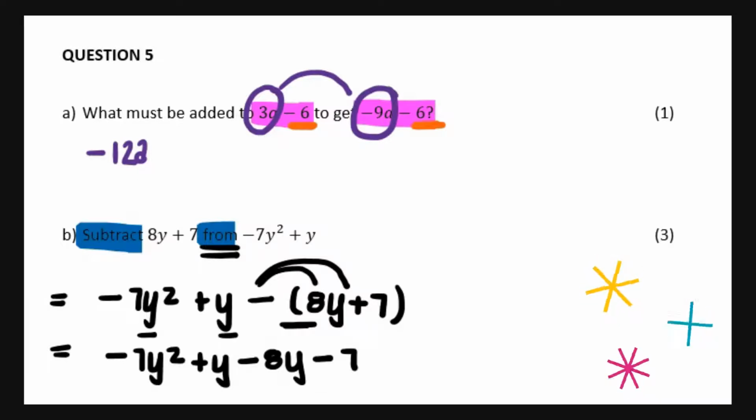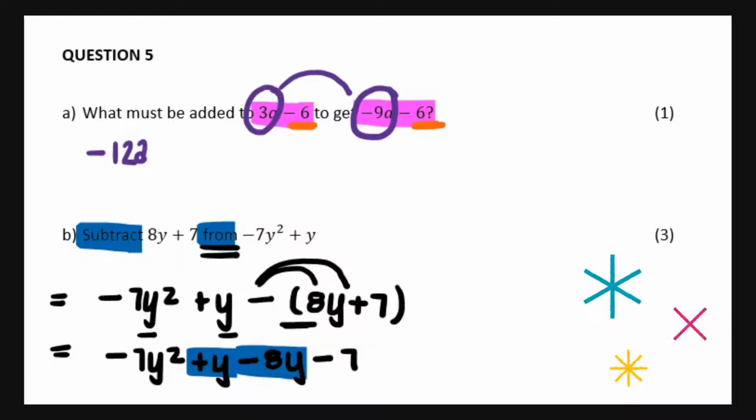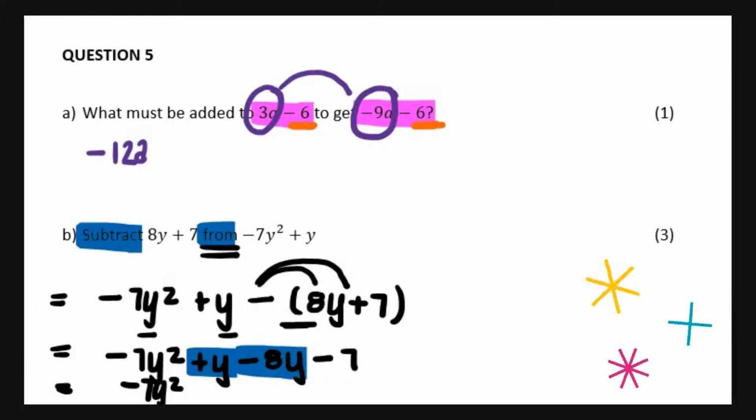Now we can add the like terms together. The only like terms present here are the y and the negative 8y. We therefore go negative 7y squared, y minus 8y results in negative 7y, and we just bring down the negative 7.